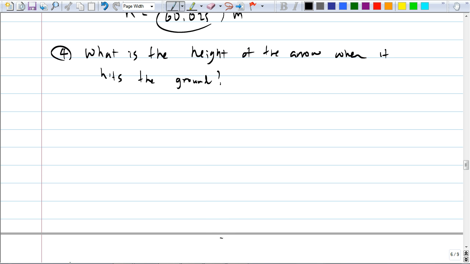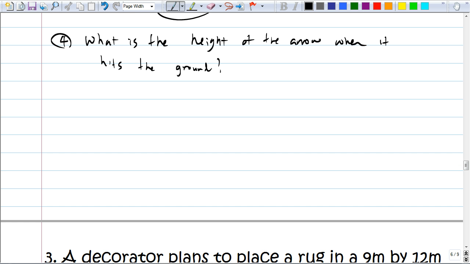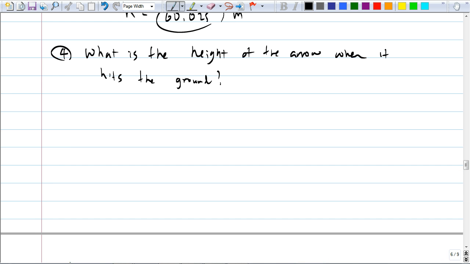This is a very simple question, but people didn't really understand it on the homework. It says, what is the height of the arrow when it hits the ground? This is really simple. H is equal to 0. That's another way of saying height equals 0. Does that make sense? You have to know that in order to do some of your homework problems.